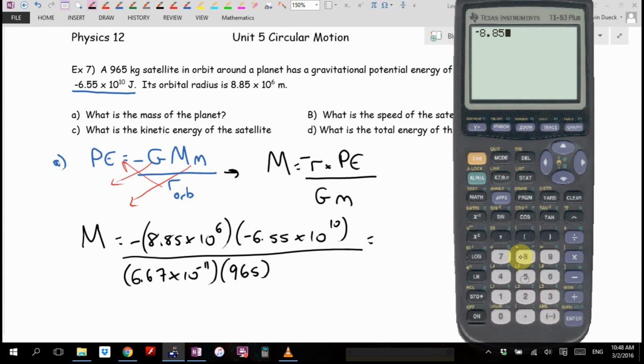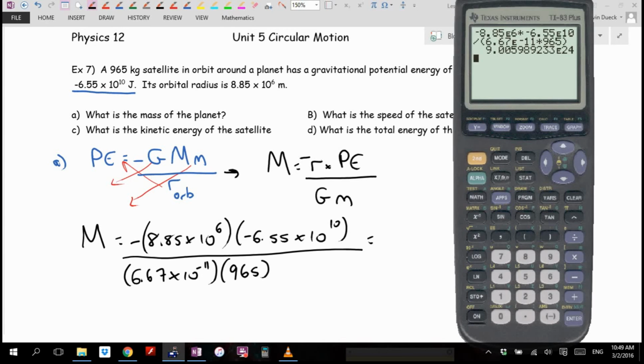Negative 8.85 times 10 to the 6th times negative 6.55 times 10 to the 10th: a negative times a negative is a positive, which is good because mass is a scalar. It better be a positive. Divided by bracket 6.67 times 10 to the negative 11 times 965. And I get that.